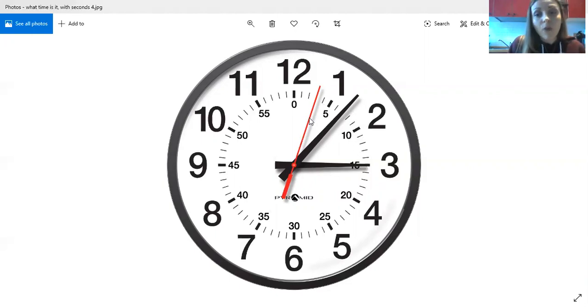So the red line, what is it for? What do you think it is, the red line? Let's see. Do you think you can say it? I think I can say it. The red line is for seconds. So the red line counts the seconds, and it goes really fast. If you have a clock at home and you look at it, it goes really fast.